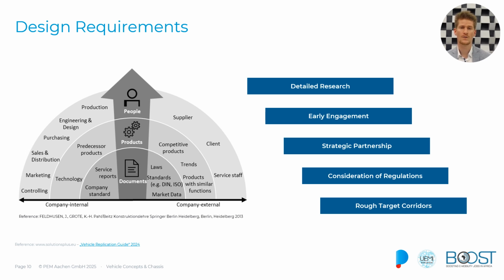If we look on the product level, for instance, there can also be a lot of requirements. One example might be a product from a competitor. So if you want to get a new product into the market, you need to be on par or even above the level of your competitors in order to be successful.